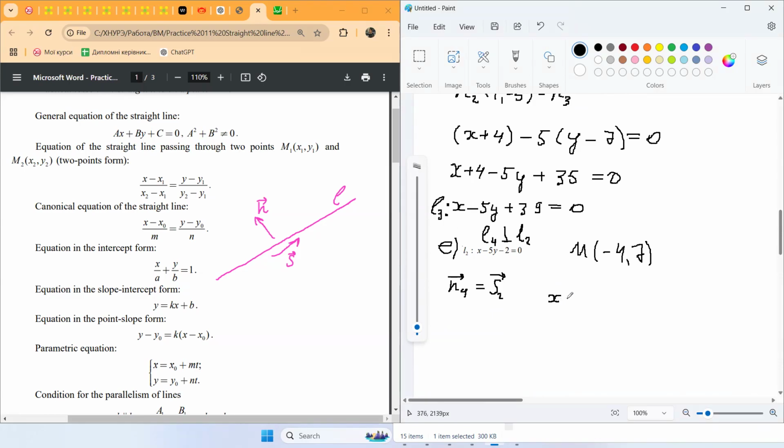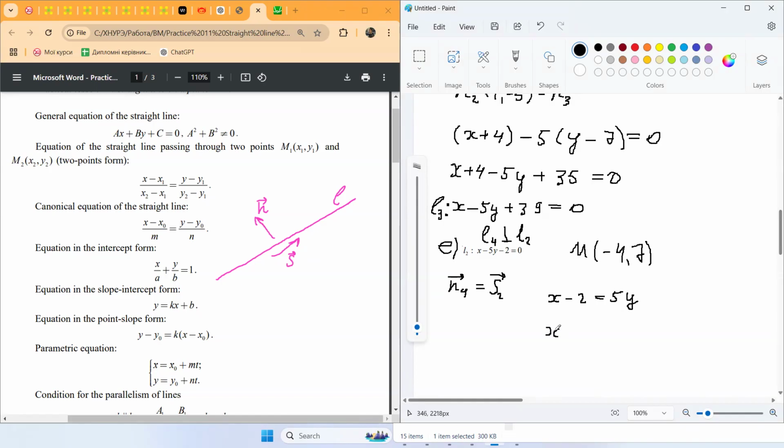So let's start doing it. x minus 2 equals 5y, moving to the right. Now I'm dividing by 5.